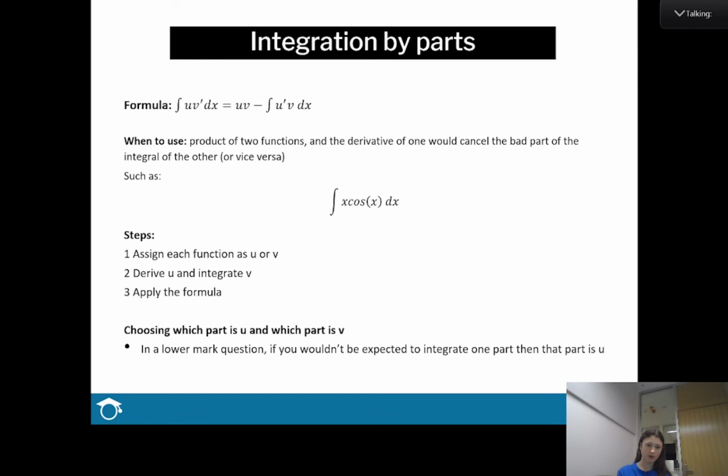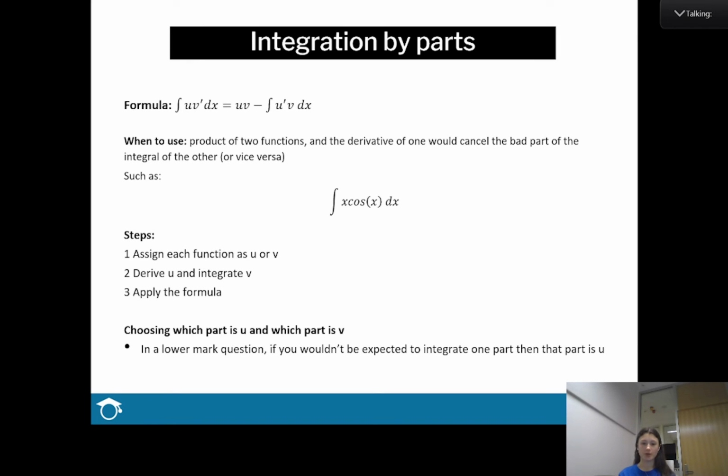The steps are, firstly, to assign each function as u or v dash. After that, we're going to derive u and integrate v dash so that we have u, u dash, v dash, and v to substitute into our formula, which you can see at the top.